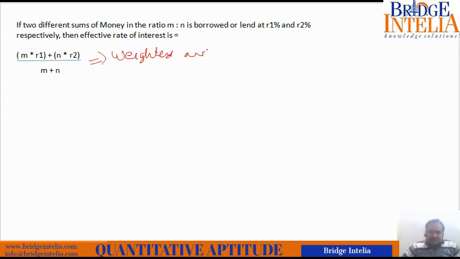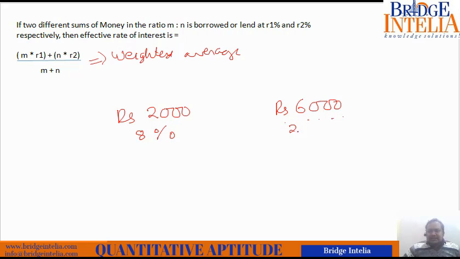So let's take an example. Let's suppose that two different sums of money, let's say 2000 and 6000. Fine. So this was lent at, let's suppose, 8%, whereas this money was lent at, let's say, 20%.